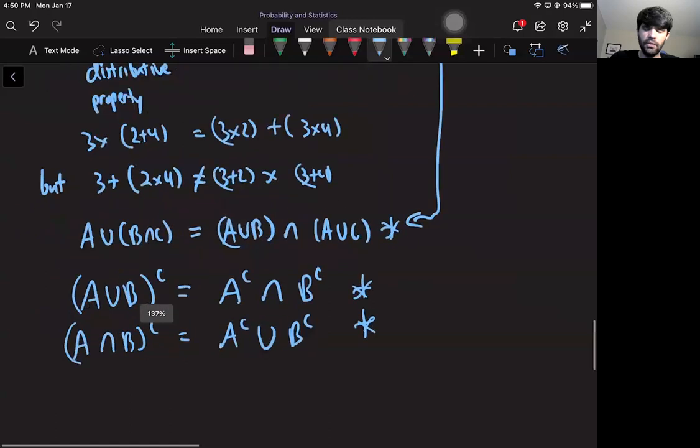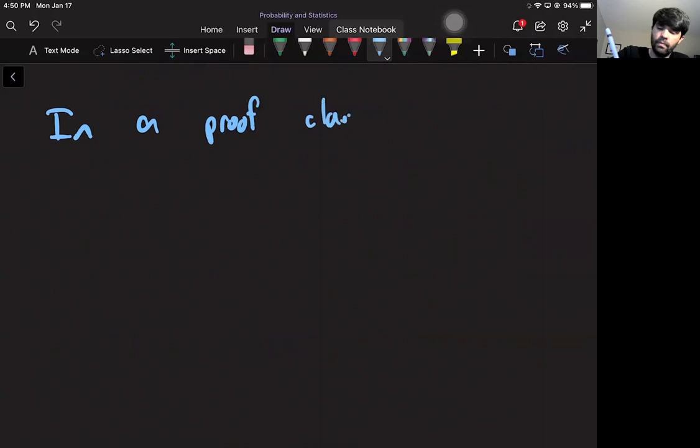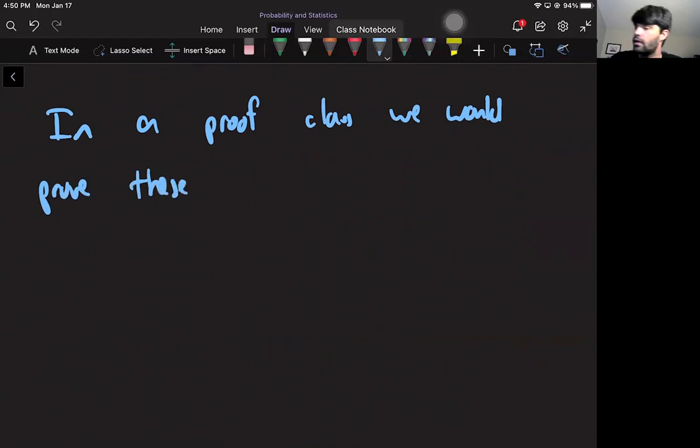And in a set theory class, you would painstakingly go through them and prove them all. But we're not really going to do that because it's not a proof class. It's not a set theory class. So in a proof class, we would prove these. Very typical.